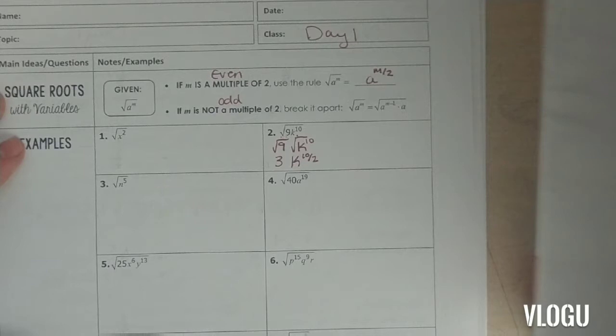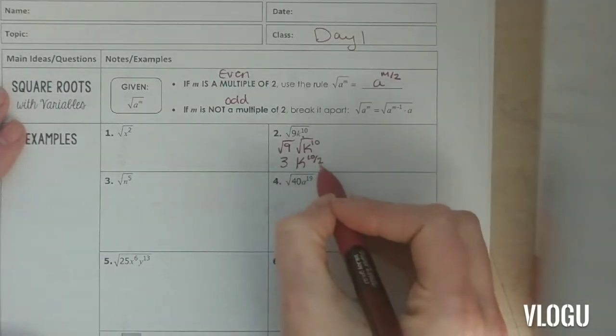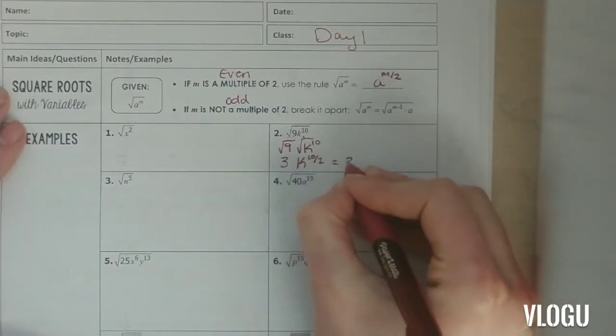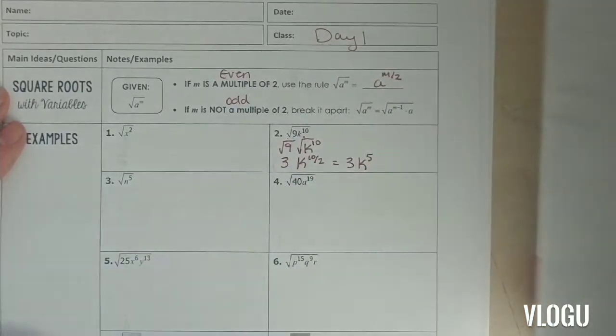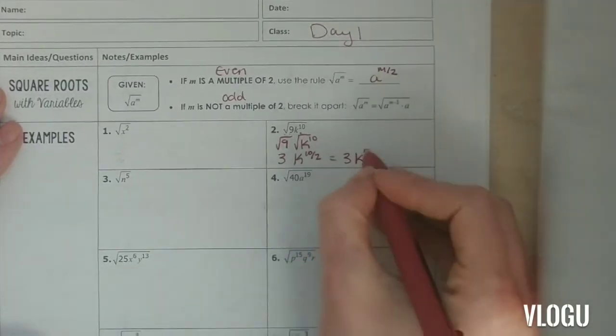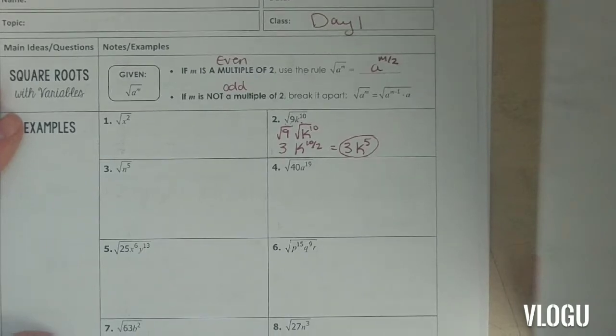And once I write that divide by 2, I don't have a square root sign anymore. I'm going to get rid of the square root and simplify this 10 divided by 2. So I now have 3 k to the 10 divided by 2, which gives me 5. I don't have any more square roots. I can't do any other multiplication or anything with this. So that is as simplified as that gets.